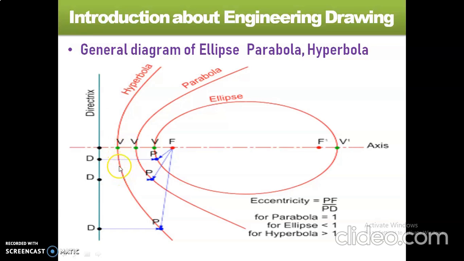The point where the axis cuts the conic is called the vertex point. So this is the general diagram of the ellipse, parabola, and hyperbola. Okay, I hope you understand.